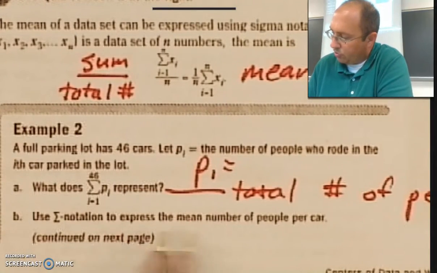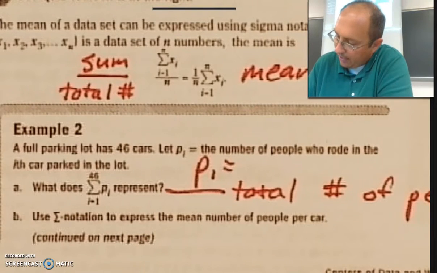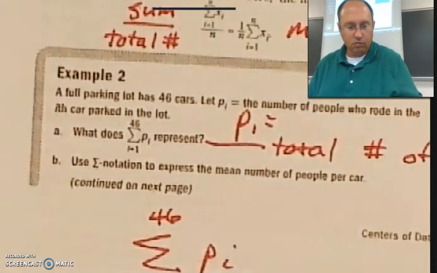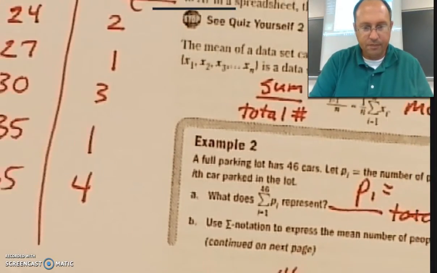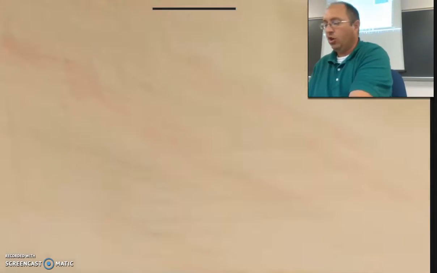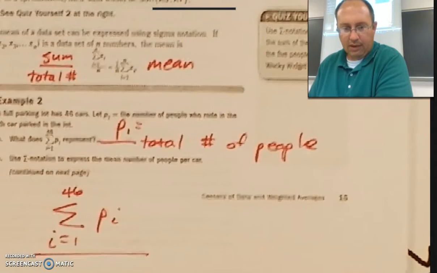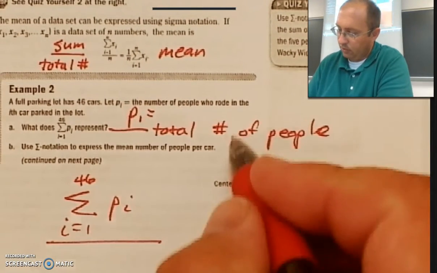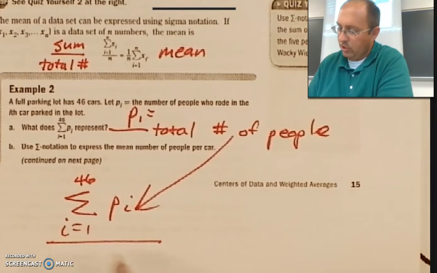Use sigma notation to express the mean number. So if we have i goes from 1 to 46, we've added up all the data values. How do we take that total, right, because that's the total number of people, and change it into an average?